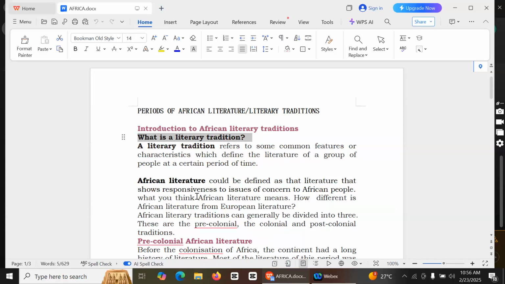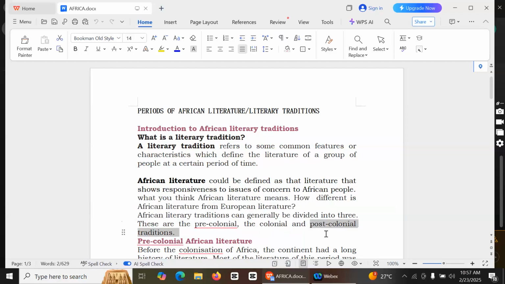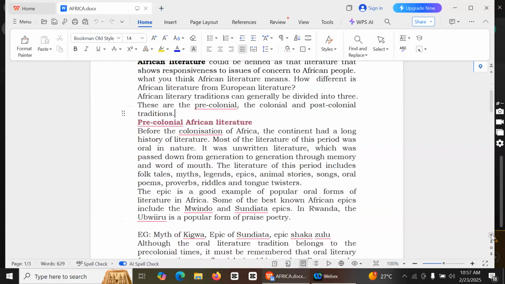Period number one is pre-colonial, the second one is colonial, and the last, not least, is post-colonial. But today, our main concern, dear student, is the pre-colonial African literature.